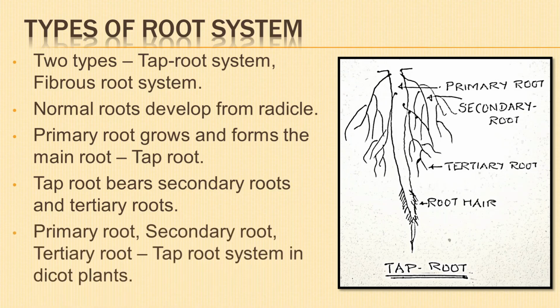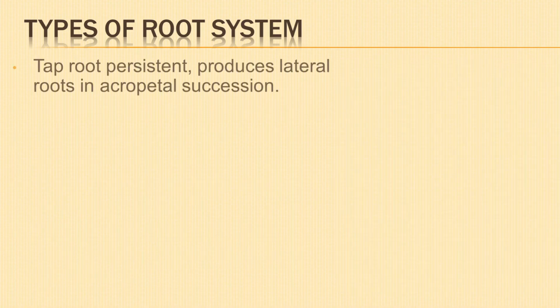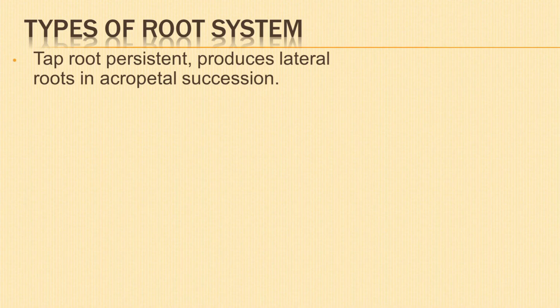The primary root and its branches constitute the taproot system as seen in dicot plants. Example, mustard, mango, etc. The taproot is persistent and produces lateral roots in acropetal succession, that is, younger roots towards apex and older roots towards the base.